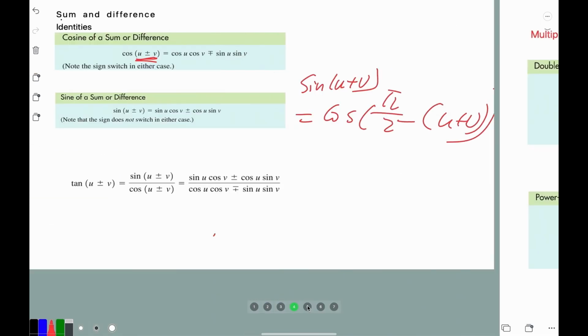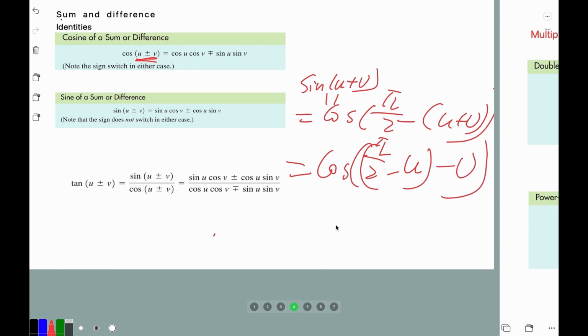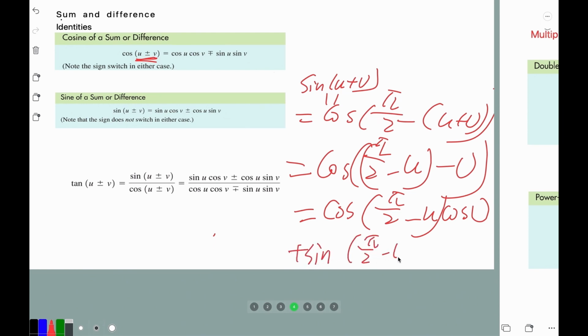So we get cosine of (pi over 2 minus u) minus v, and it becomes cosine of (pi over 2 minus u) times cosine v, plus sine of (pi over 2 minus u) times sine v.